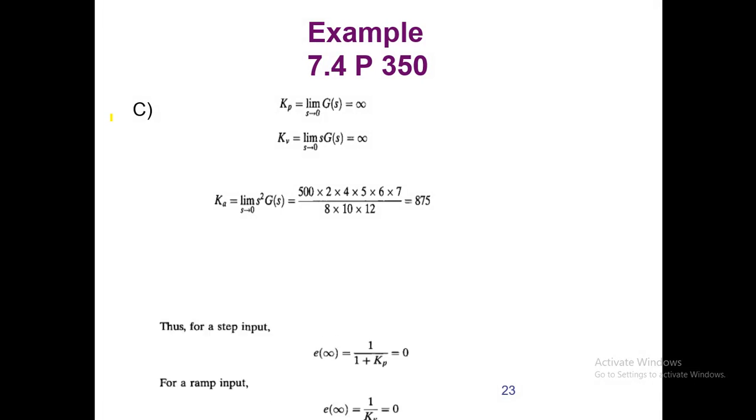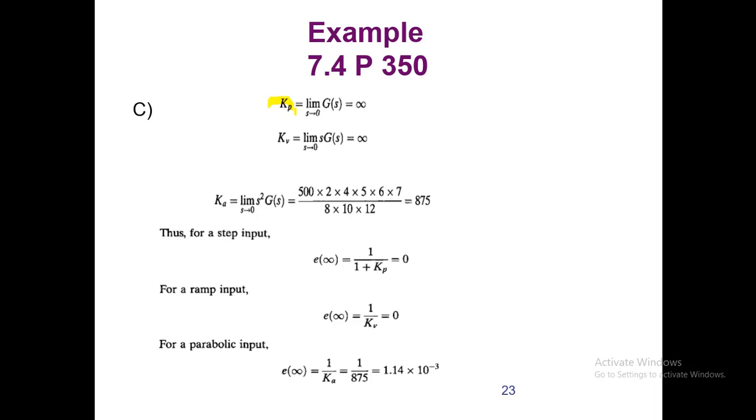Similarly, you have to find the values of Kp, Kv and Ka for the third system, and it turns out that Kp and Kv were infinity, and Ka becomes 875 for the third system. And if you put these values of Kp, Kv and Ka in the equations for the steady state error, for the step input this becomes infinity, and anything divided by infinity becomes 0.